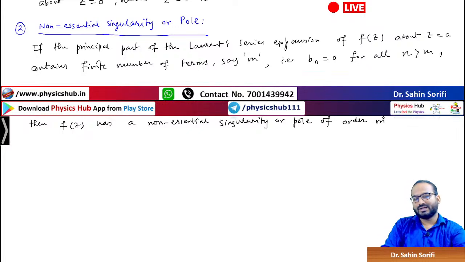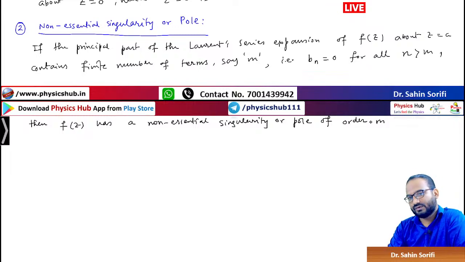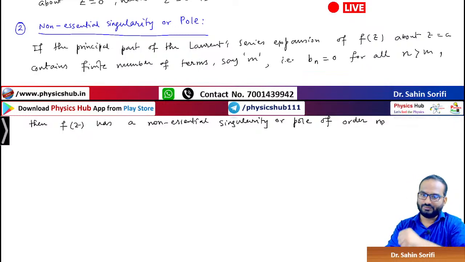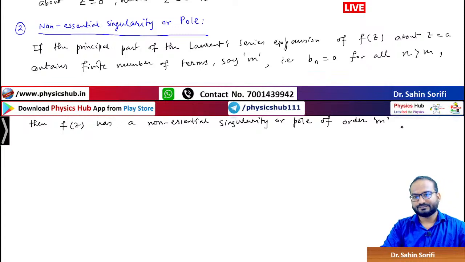So if 2 terms survive, that will be a pole of order 2. If 3 terms survive, pole of order 3. If 1 term survives, pole of order 1 or single pole. So pole of order m at z equals a.